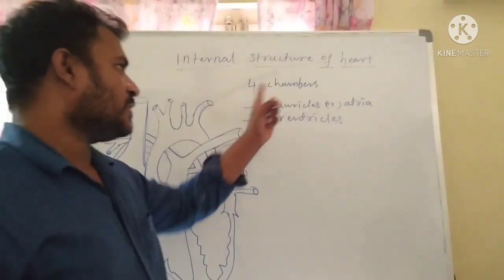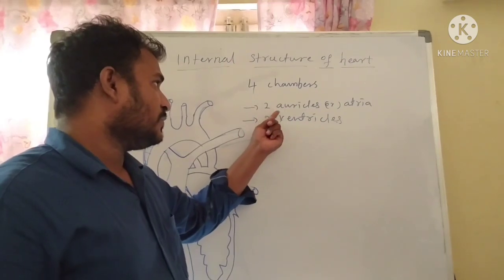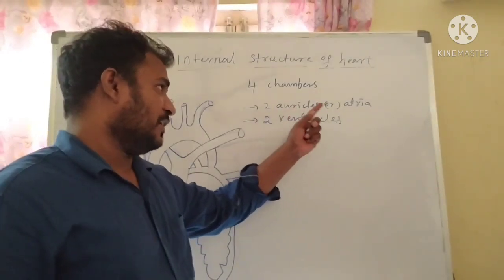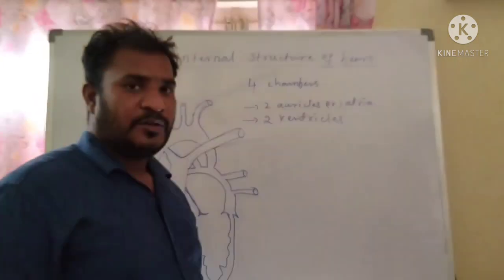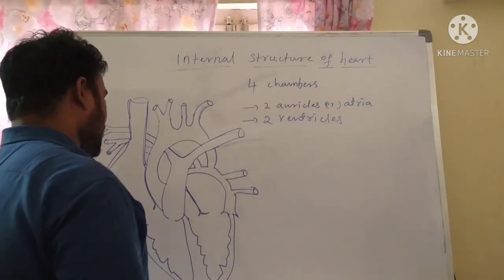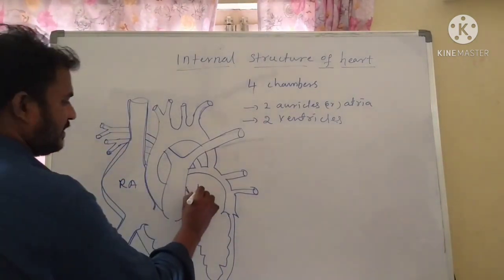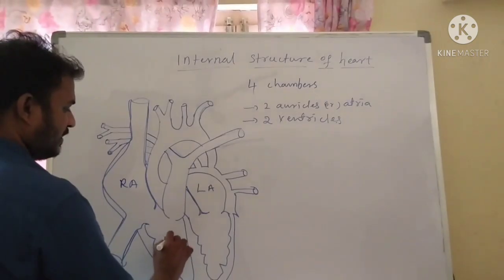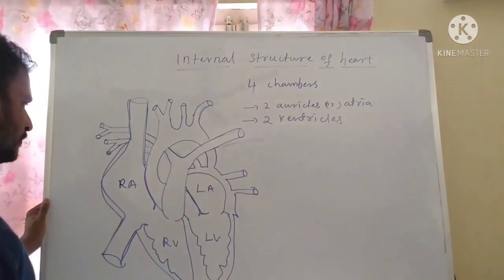The two upper chambers are called auricles or atria, and the two lower chambers are called ventricles. This is the right auricle, this is the left auricle. This is the right ventricle, this is the left ventricle.